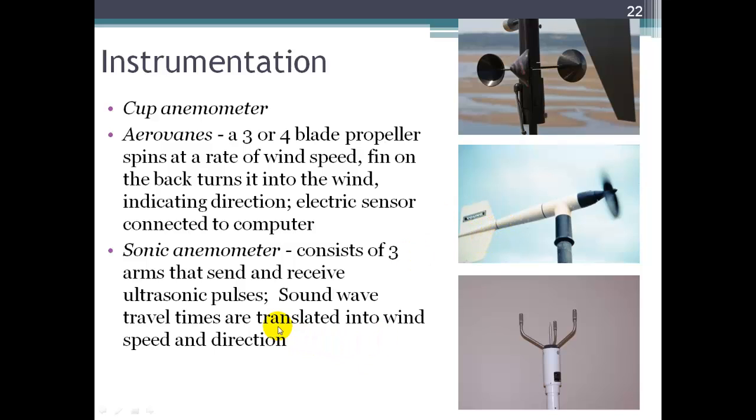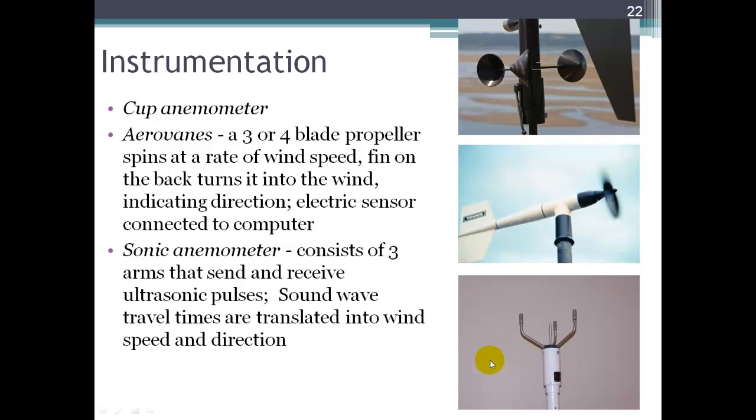Now more commonly used by the American Meteorological Society and the National Weather Service for the official stations that monitor weather conditions at the surface is a sonic anemometer, and it consists of 3 arms like you see here that send and receive ultrasonic pulses.